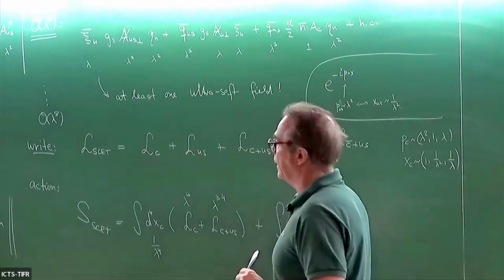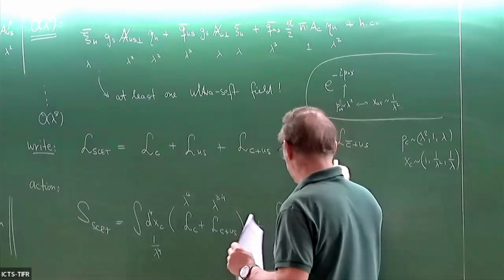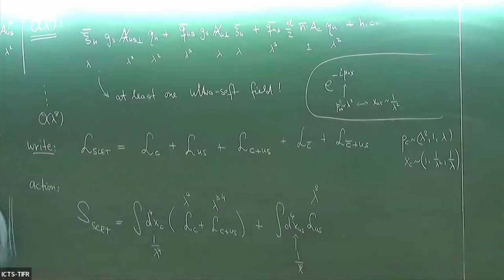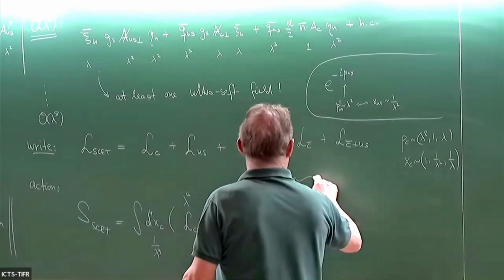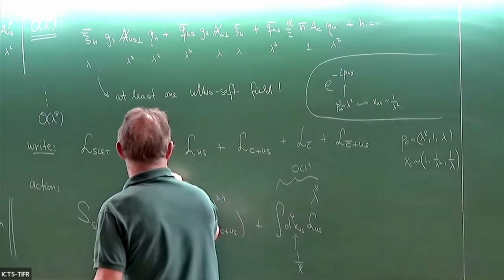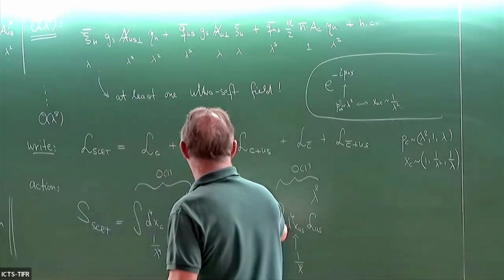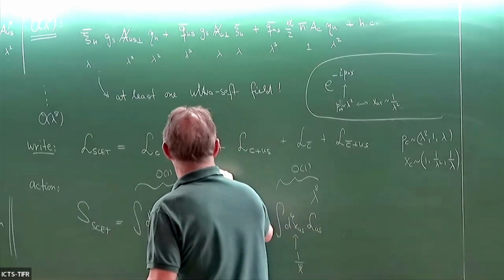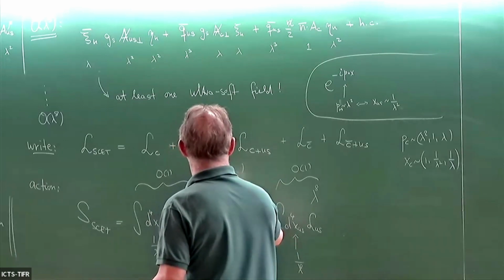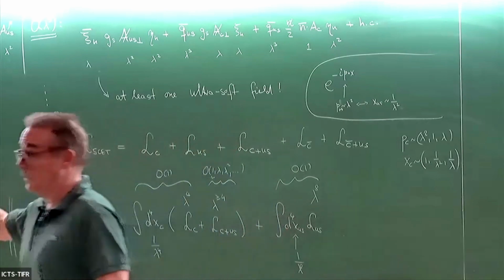And the ultrasoft Lagrangian itself, you can easily convince yourself, is purely lambda to the 8. Just write down the q bar ultrasoft, D slash ultrasoft, q ultrasoft, it is lambda to the 8. So you see that this term of the action is order 1. This term of the action is also order 1. And this term of the action is order 1, lambda, lambda squared, and so on. So basically, the leading terms are order 1, and then there are higher order corrections.